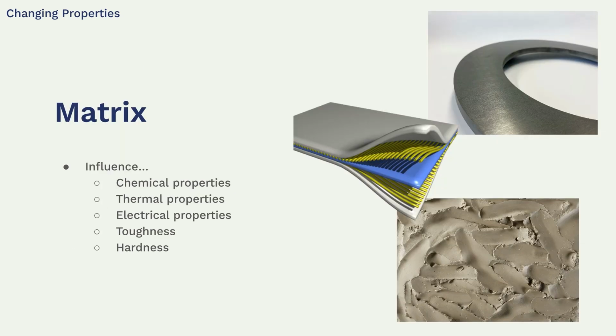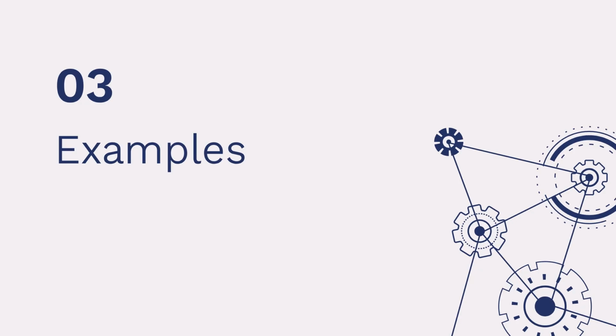The type of matrix can influence the chemical, thermal, and electrical properties, and it also influences the toughness and hardness of the composite. For example, if you choose a metal matrix, then it will be thermally and electrically conductive. Whereas if you chose a polymer matrix, it would be thermally and electrically resistant while providing some flexibility.